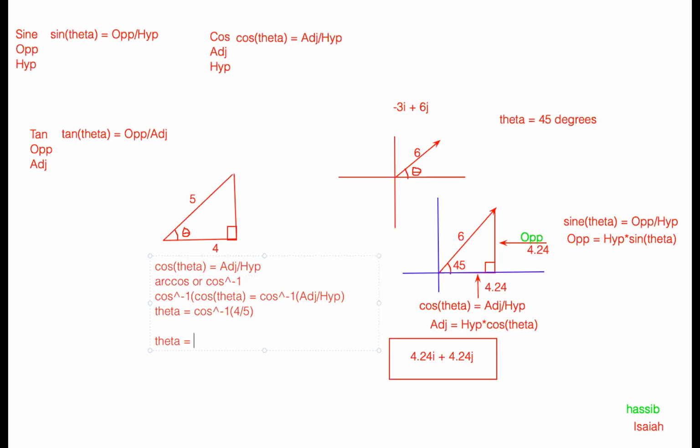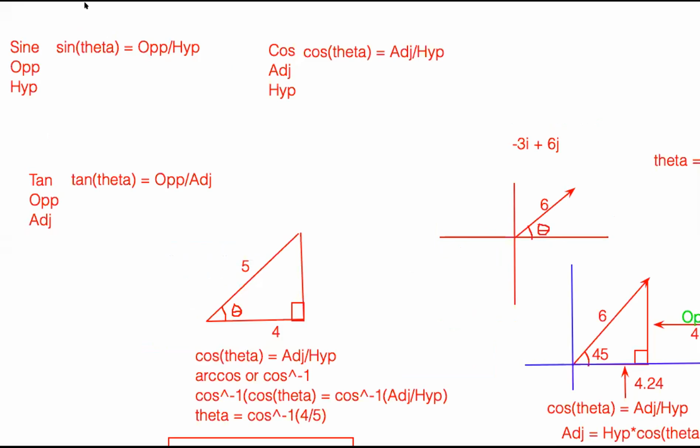That's 36.9 degrees. And it looks reasonable for this angle to be 36.9. Okay, I see how it works. So the inverse is the inverse operation of the trig identity. Using that, we can isolate theta on one side of the equation, and we have all knowns on the other side.